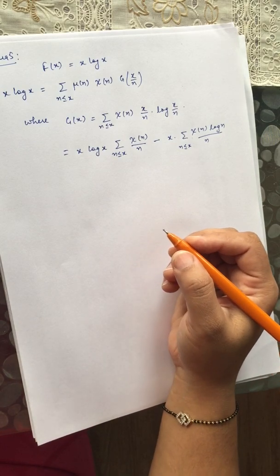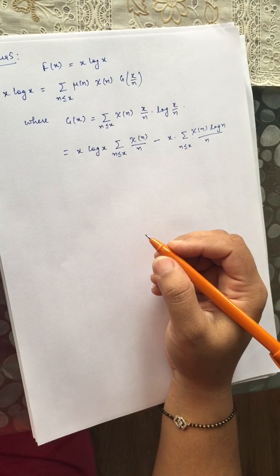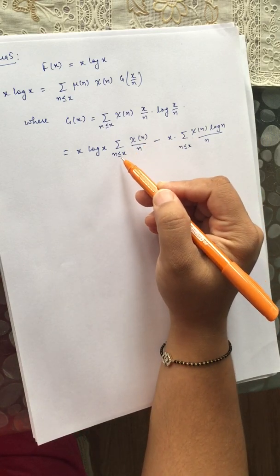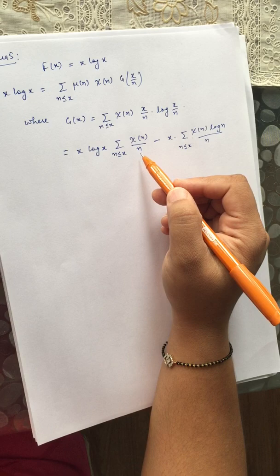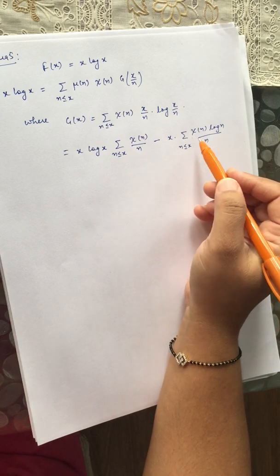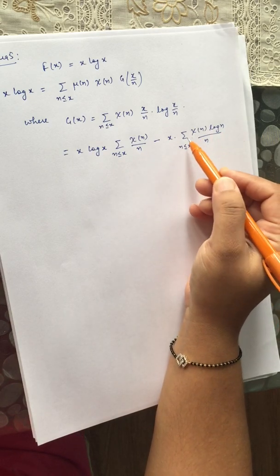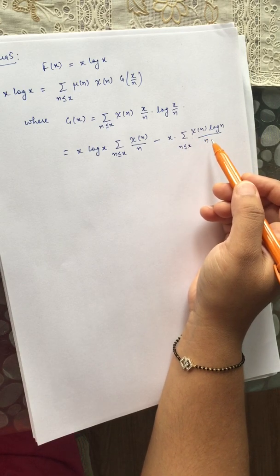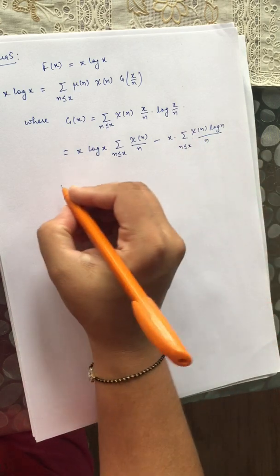Again we will use the formulas proved in theorem 6.18. This summation chi(n) upon n, that is just summation 1 to infinity chi(n) upon n plus order of 1 by x, and this summation chi(n) log n upon n, this is summation 1 to infinity chi(n) log n upon n plus order of log x by x. So we'll put the values.